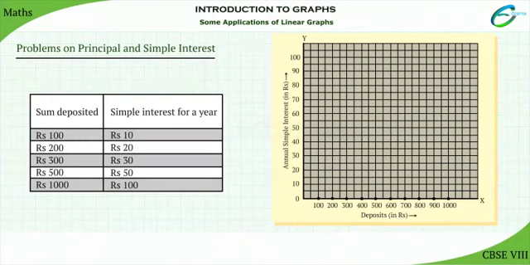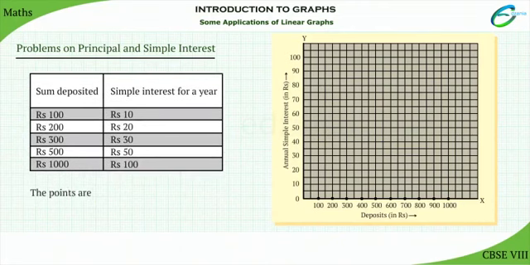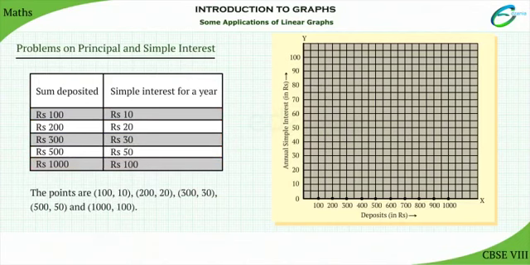Now consider the points by taking x-coordinate as deposits and simple interest as y-coordinate. Thus, the points are (100, 10), (200, 20), (300, 30), (500, 50), and (1000, 100). Now we plot these points and join them.